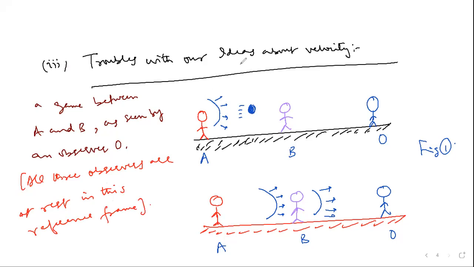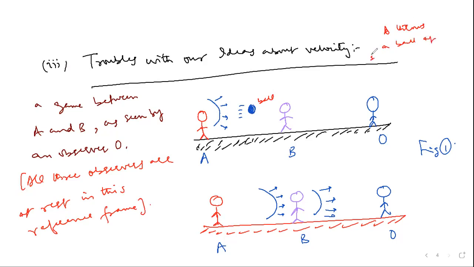So what is the game? A throws a ball at superluminal speed, that is faster than light.